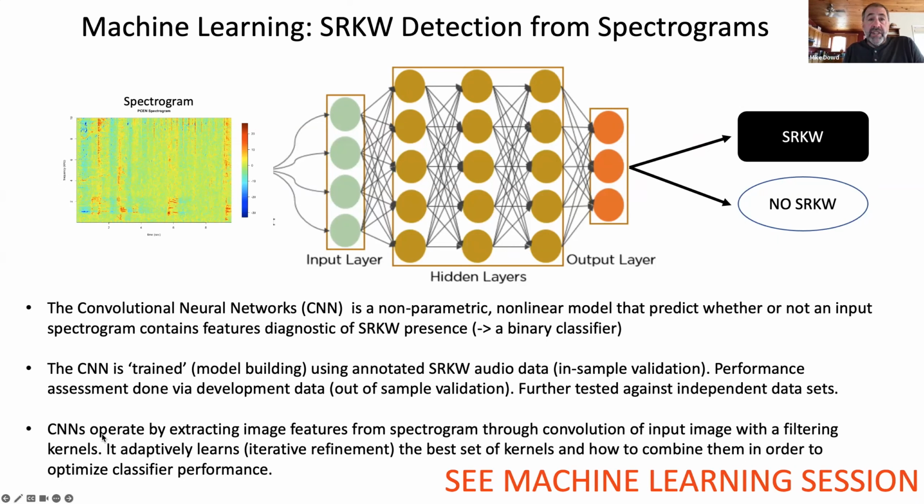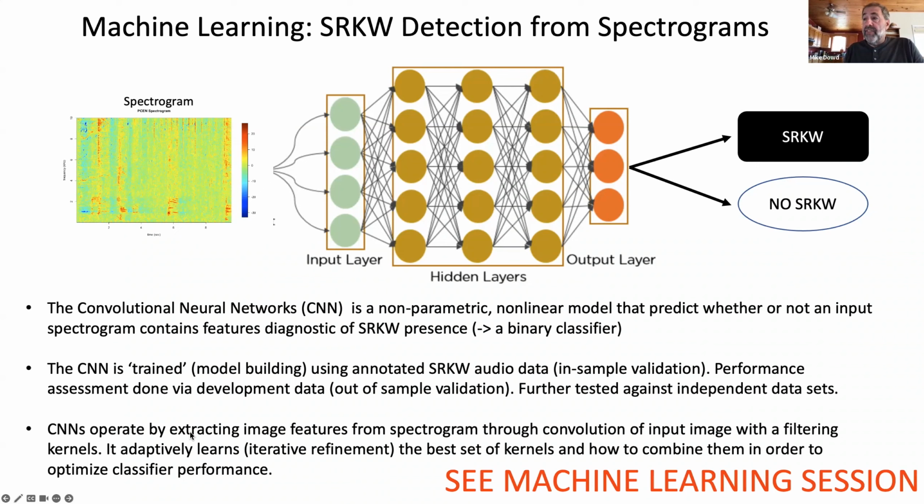And just to link this up with what I did previously, what are these convolutional neural networks, basically? I did my half-an-hour crash course in this before I wrote this. They extract features in the spectrogram that are indicative of killer whale presence. They do this by convolving the image with a filtering kernel, so they're just doing filtering like I talked about in the last slide.